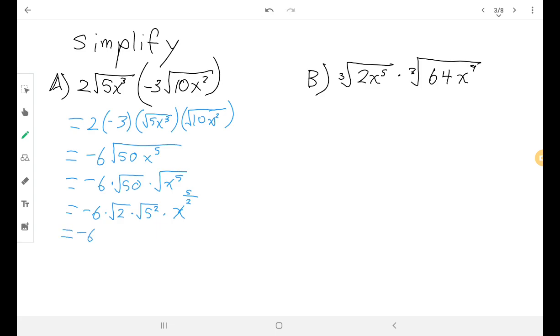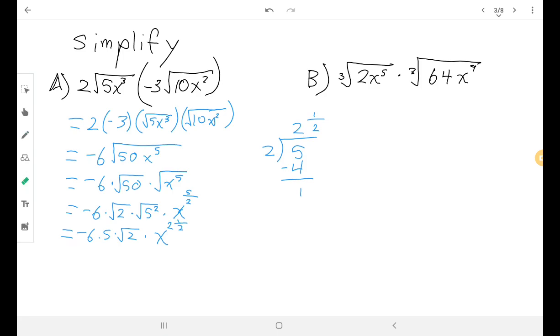So this is -6 times 5 times the square root of 2 times, so if I look at this 5 over 2, if you were to turn it into a mixed number, which I rarely do, 5 divided by 2 is 2 with a remainder of 1, or in other words, 2.5. And I could write this as x to the 2.5 power.